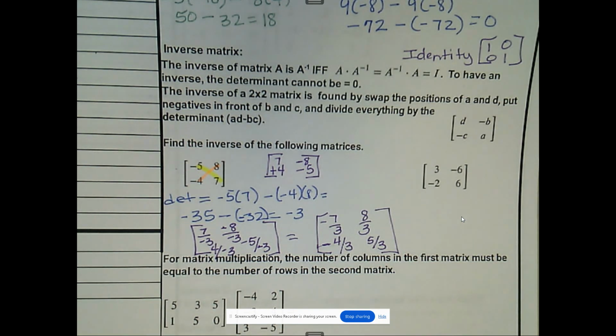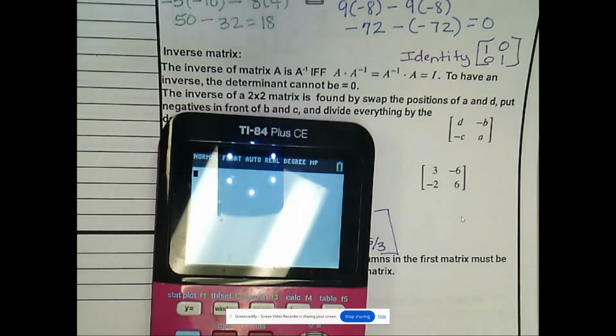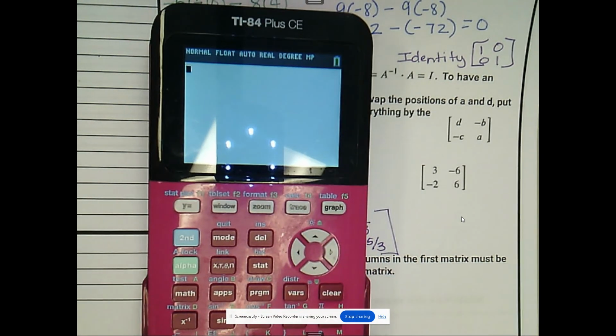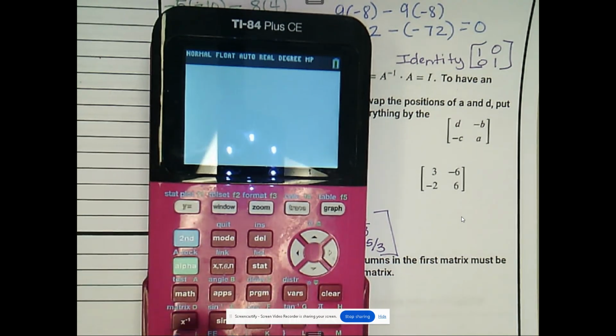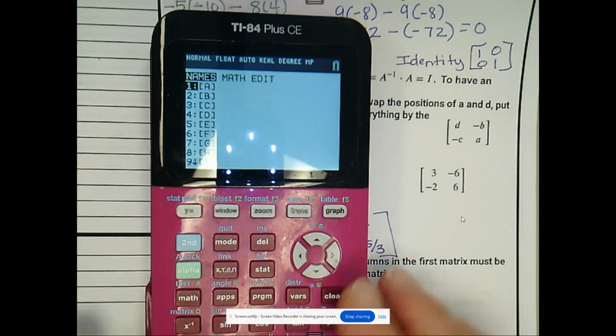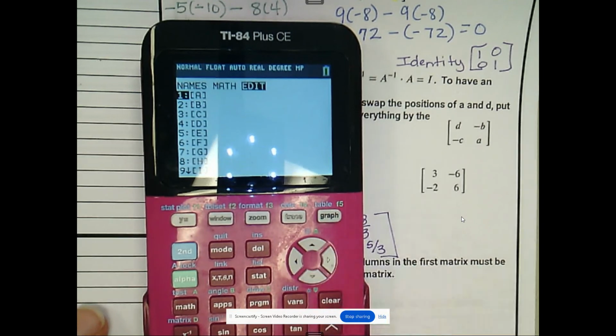Now, as promised, I am going to show you how to do it with a calculator. Step 1, put it into your calculator. Right here's our matrix button. So we hit our second and our matrix button. We go over to edit and we hit enter.